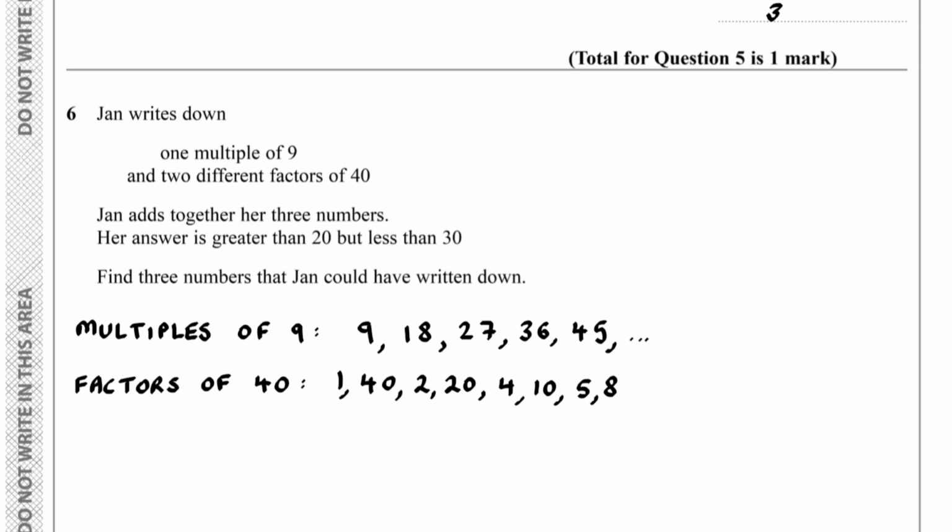Now, what we have is 1 multiple of 9 being added to 2 different factors of 40.